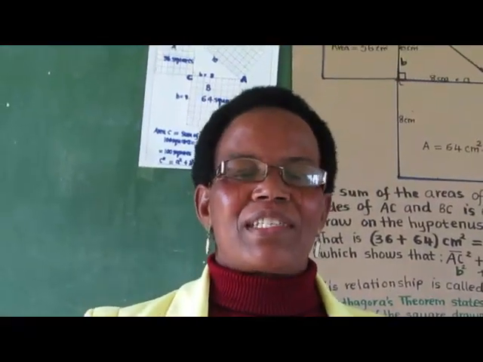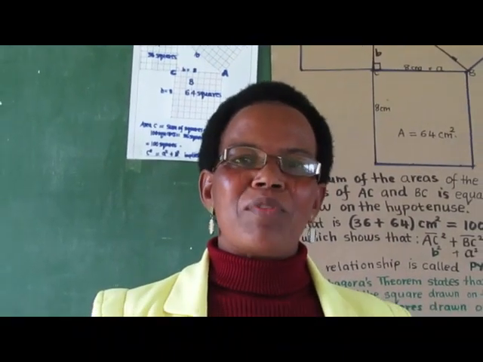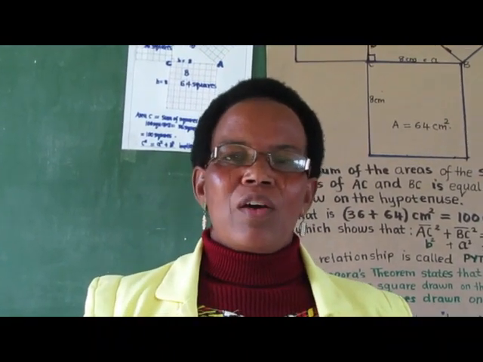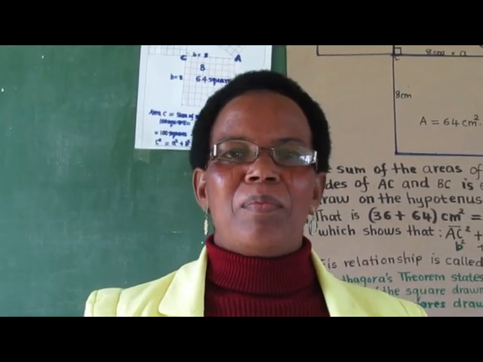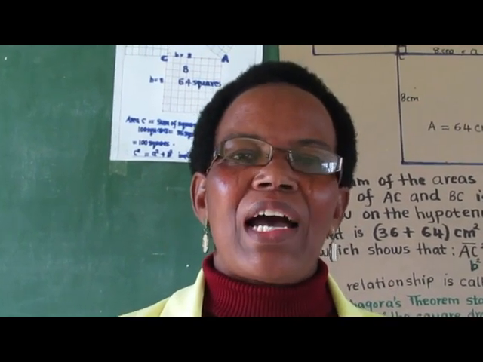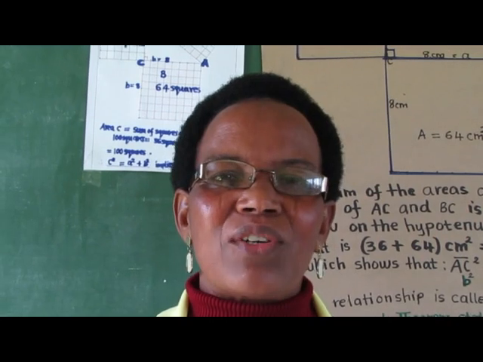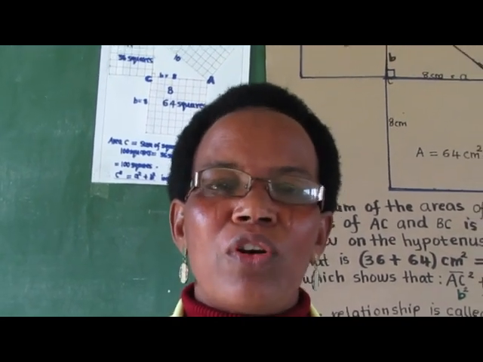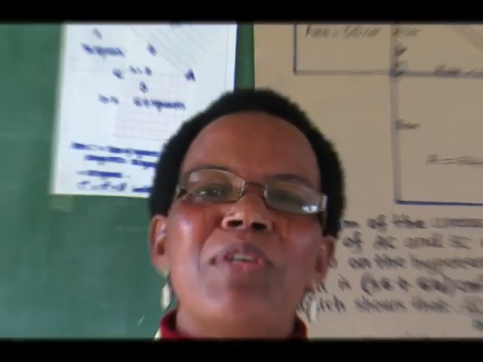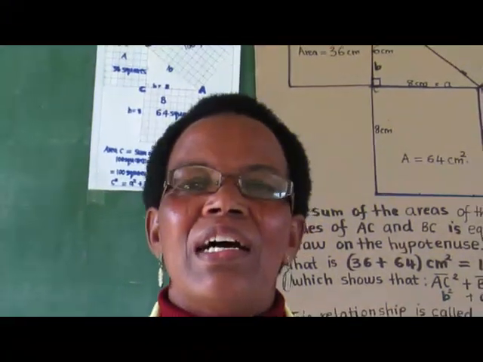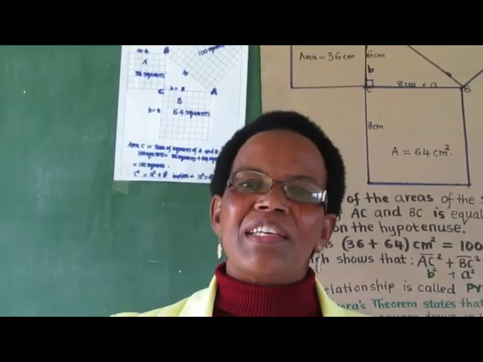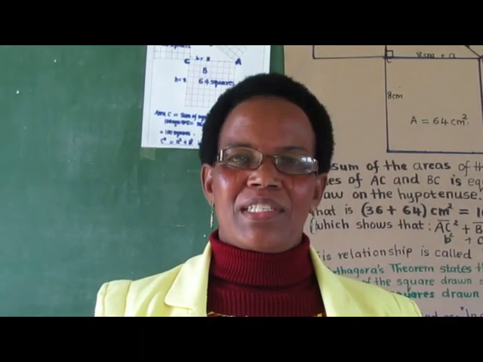Form 2 students, can I ask you one question before starting our lesson? Who can define a theorem? Good. A theorem is a mathematical statement or logic that needs to be proved by giving reasons. Who can give me examples of theorems?